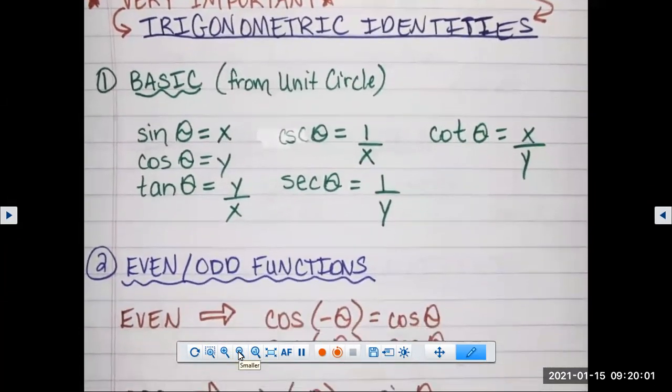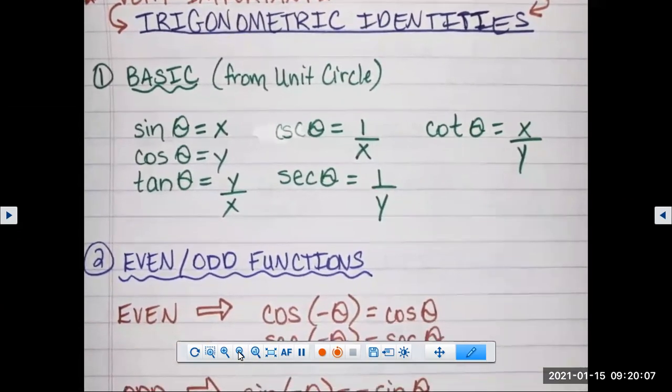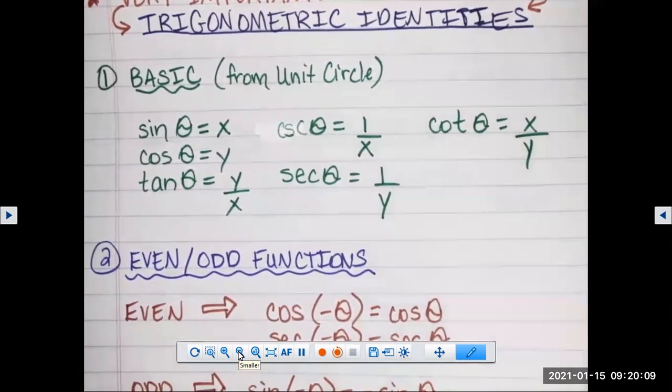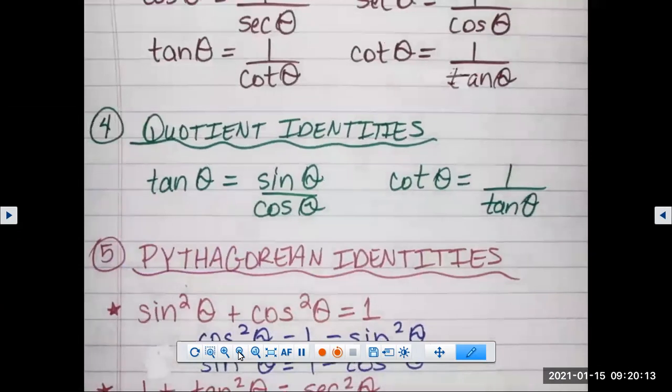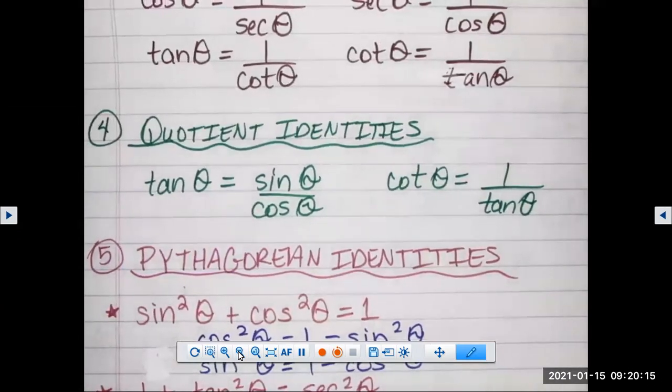Okay, you can write these down, or I've posted the notes already in Schoology. In 4.2, they introduce very fundamental trig identities that you will use all in chapter 4 and in chapter 5.